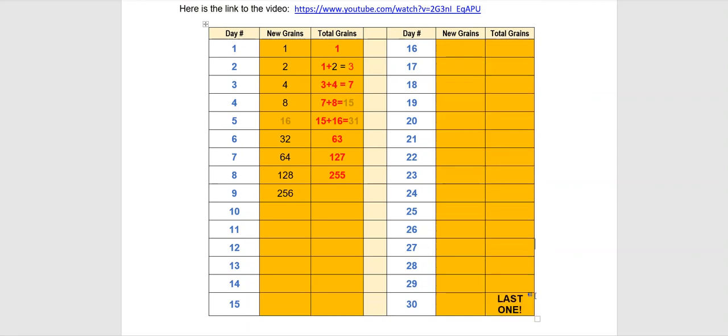And then the big idea is that you have this last one, and that's the final answer. At the end of 30 days, following this pattern, how many grains of rice would you have? Or if instead of grains of rice it were pennies, at the end of day 30, how many pennies would you have?